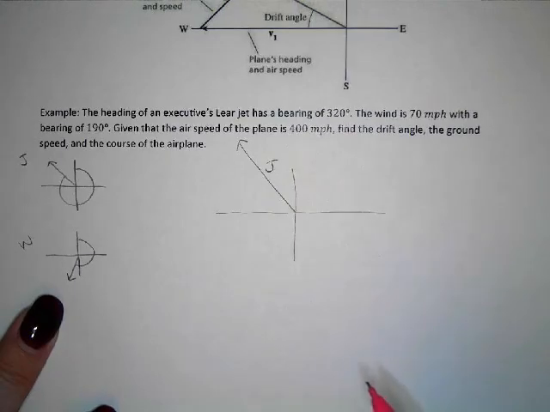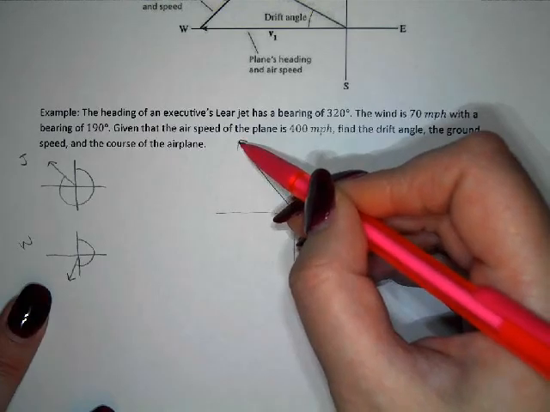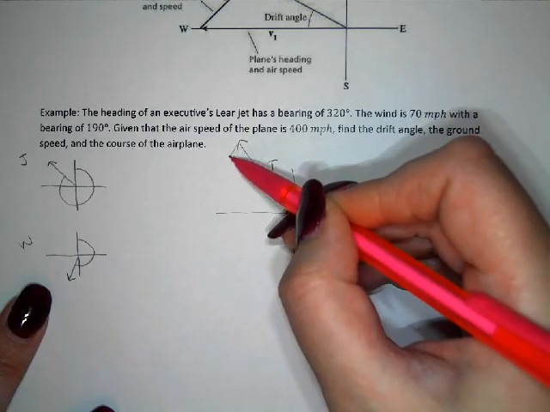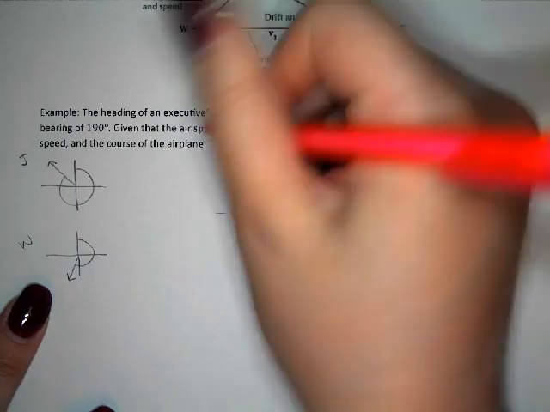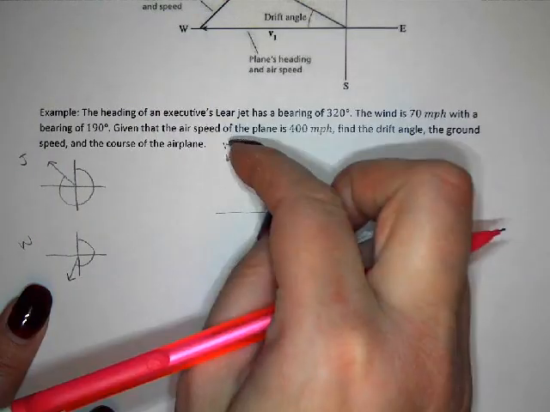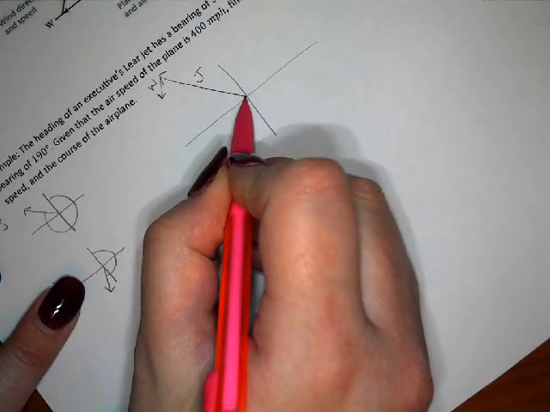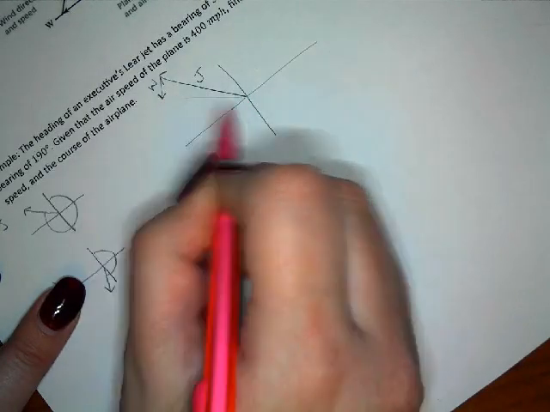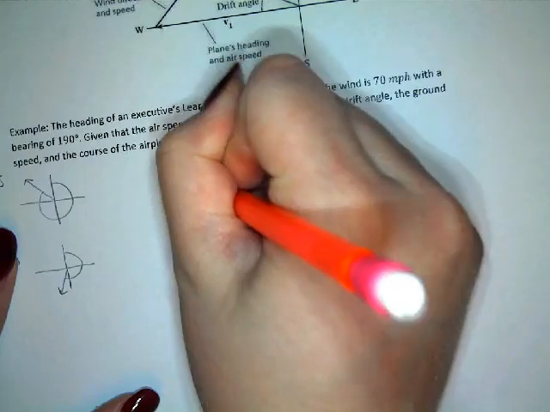So I've got one vector plus another vector equals the resultant. And so my resultant vector is going to be the jet plus the wind, and that's this one right here. So the jet plus the wind is where the jet actually goes when the wind is working on it. The reason I draw this picture is just because it helps me to make sense of the answers I'm getting.